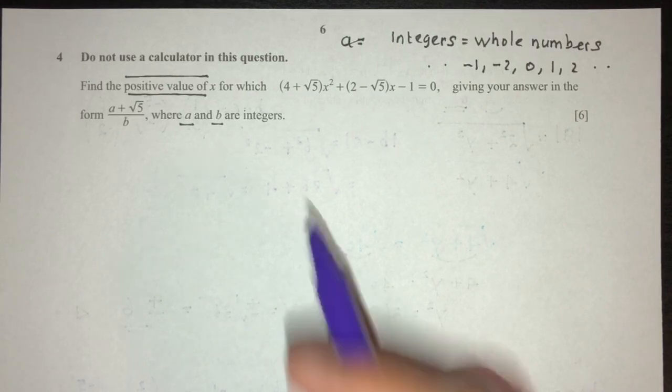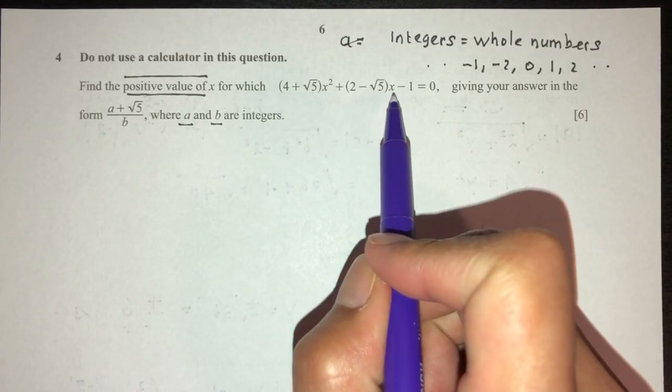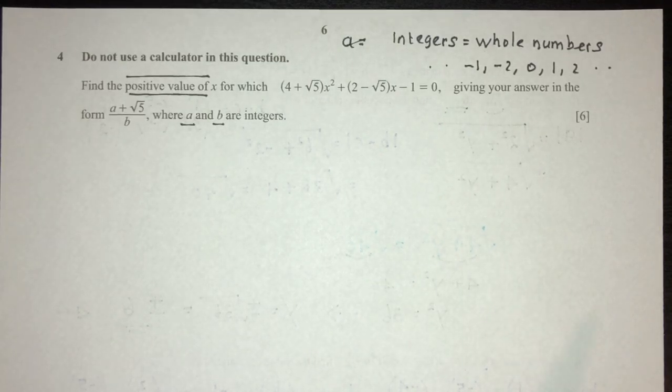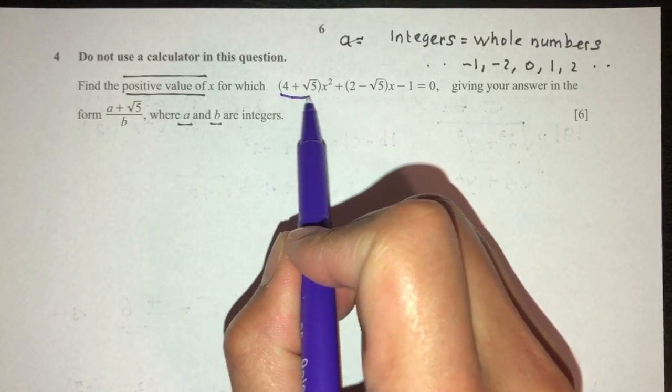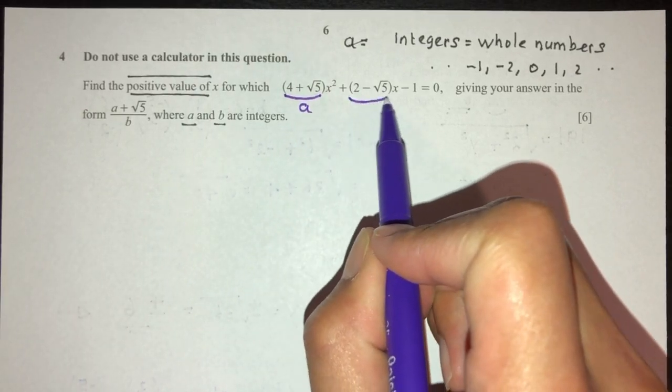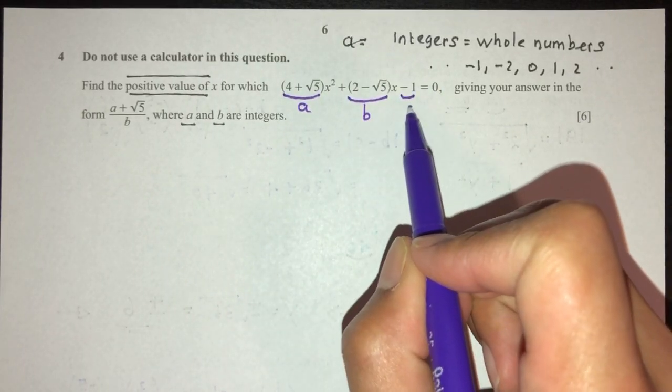Now step by step, if you observe here, we have x squared, we have x minus 1. So this looks like a quadratic equation. So we can label this as a, this is b, and this is c.